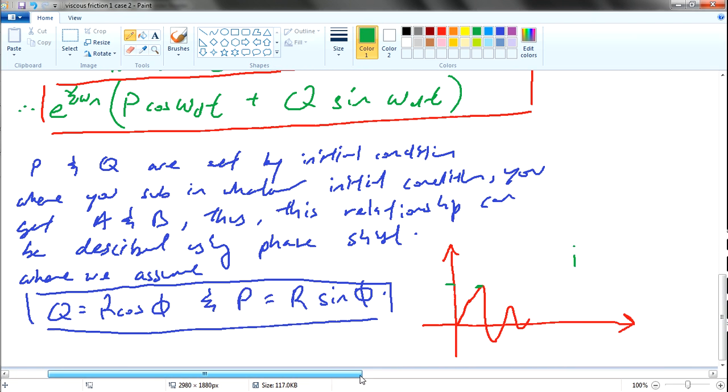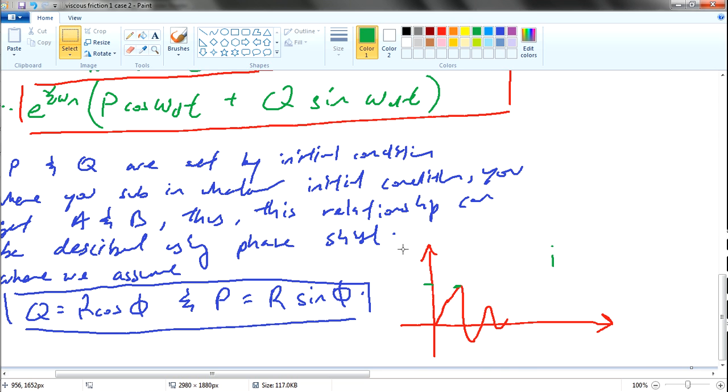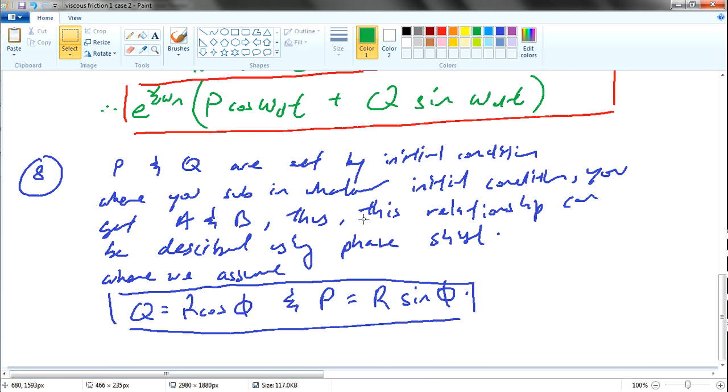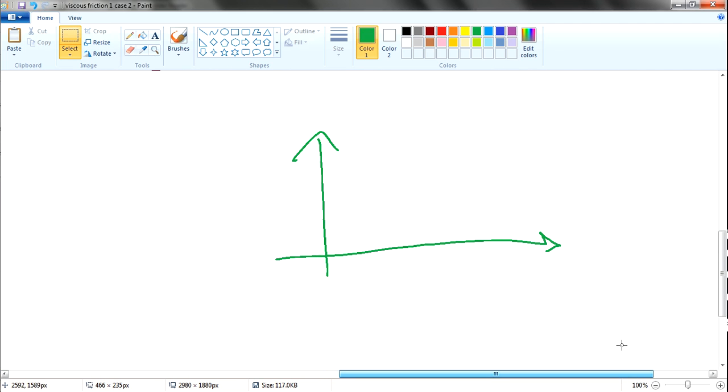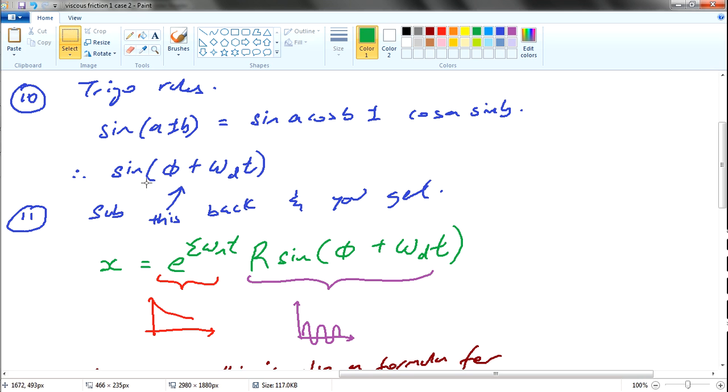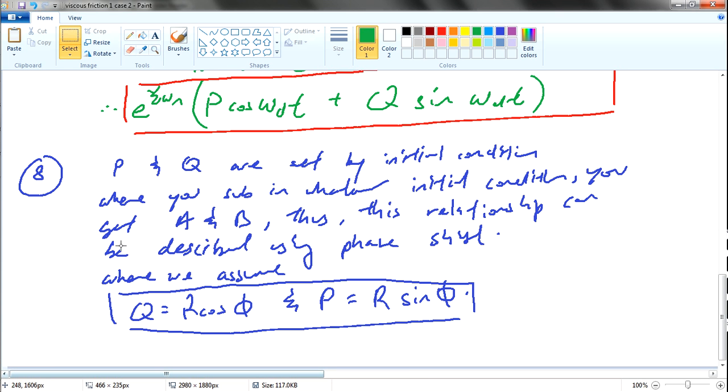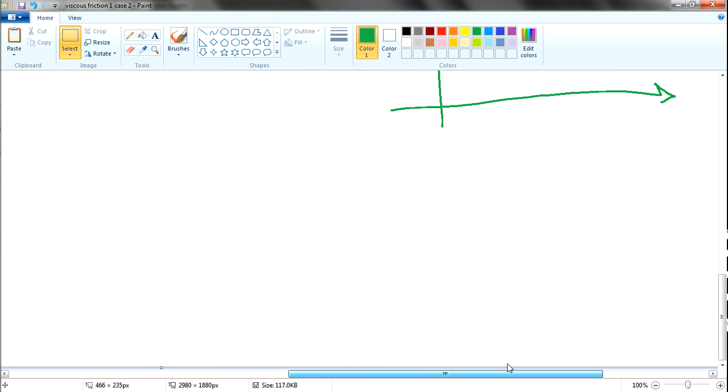I don't want to complicate things, but rather than showing you the reason behind why we continue, eventually you sub in Q as R cosine theta and P equals R sine theta. So this is what it is.